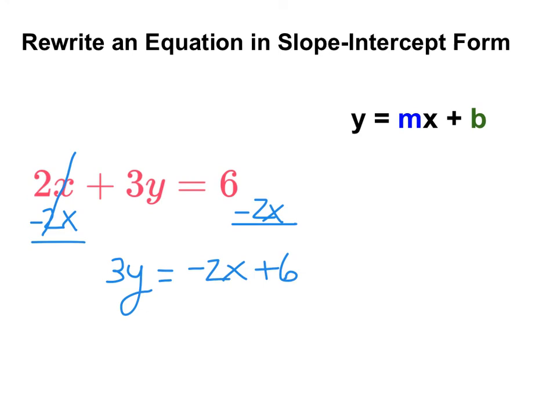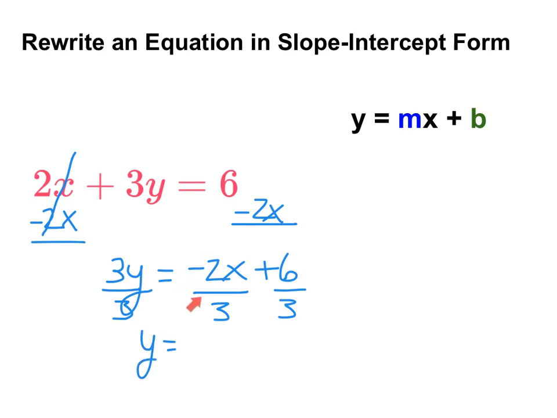Now, I have multiplication here on the side of the equation with the variable y. We undo multiplication with division. So I'm going to divide this side by 3, but I also have to divide each of the other terms on the other side by 3. So the 3's on the left side of the equation are going to cancel and leave you with just y.